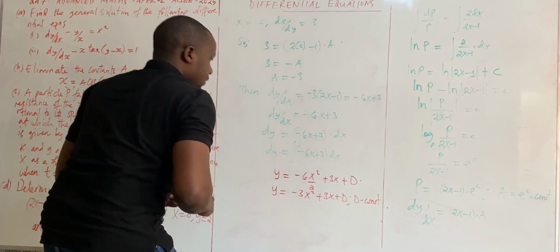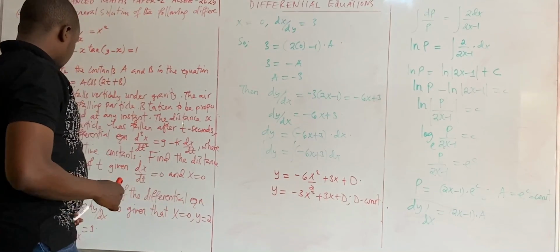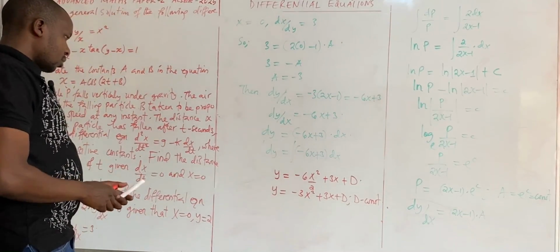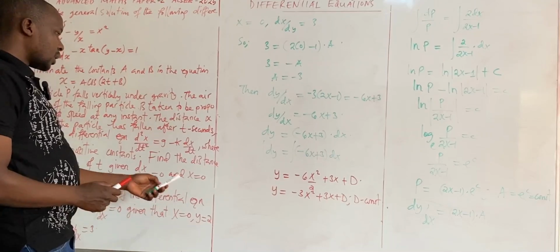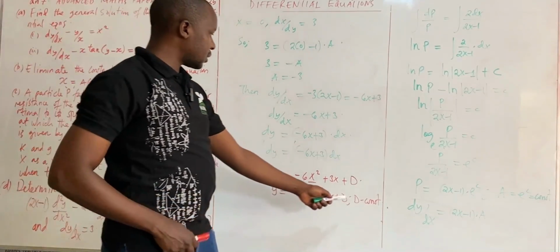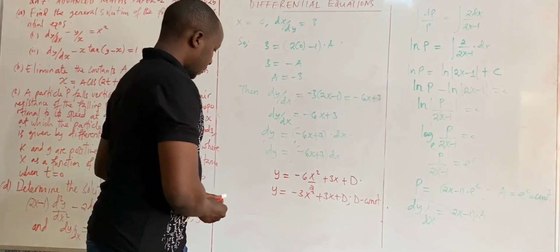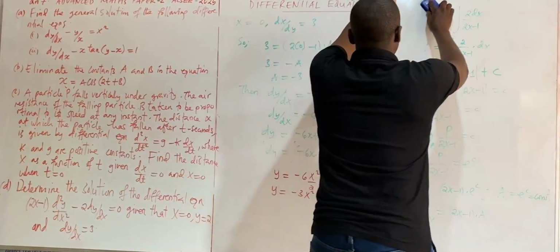So if that to be the case, we go back to the initial condition that we are provided with. We know y, we know x. X is 0, y is 2. So this can help us to get the value of that constant d. So we go back again.